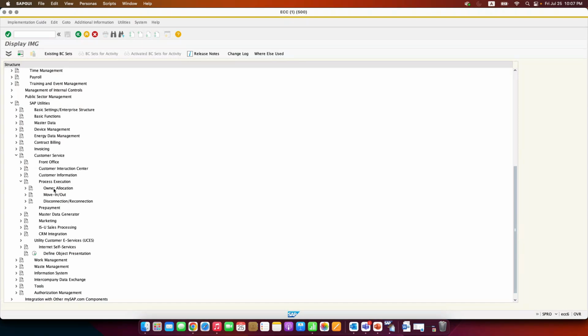So logically, CRM does not have these features or functionality, but the recent CRM, we call it CE, came up with an option called contract management. Other than that, there are no utility-specific features or functionalities in CRM. Let me put it this way. Got my point?